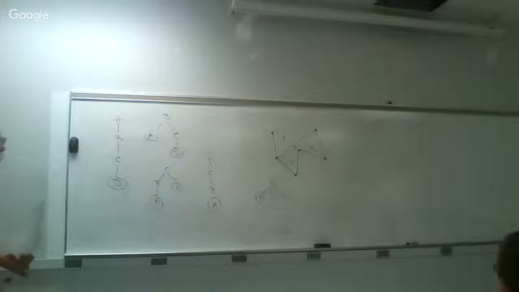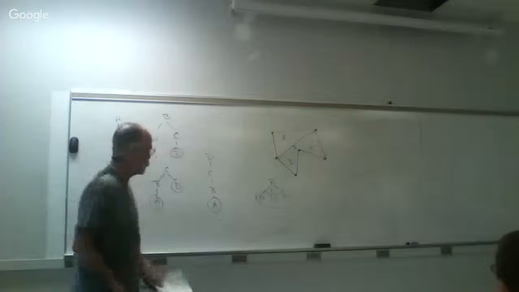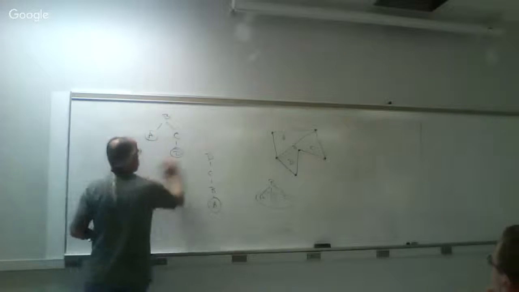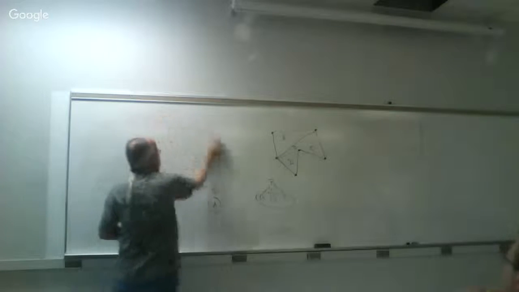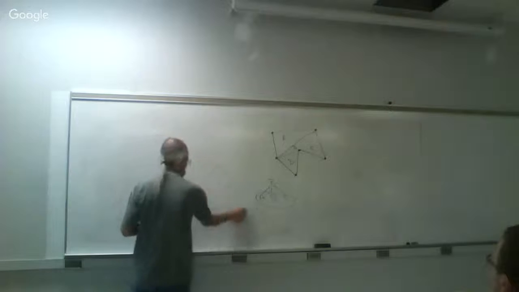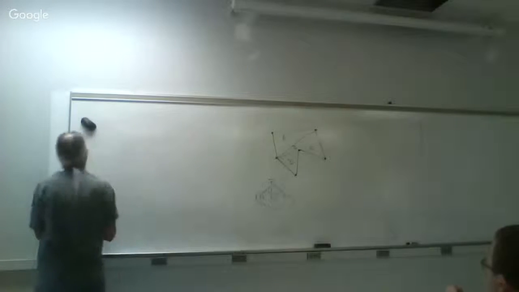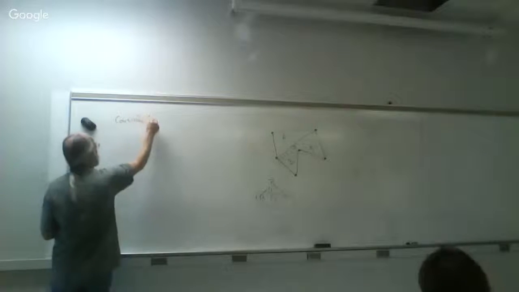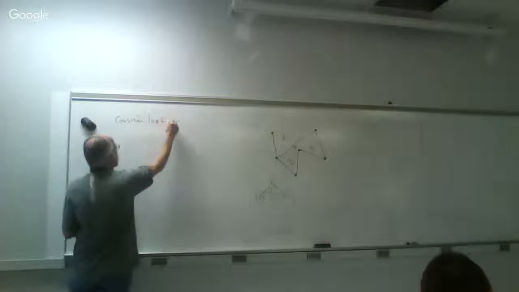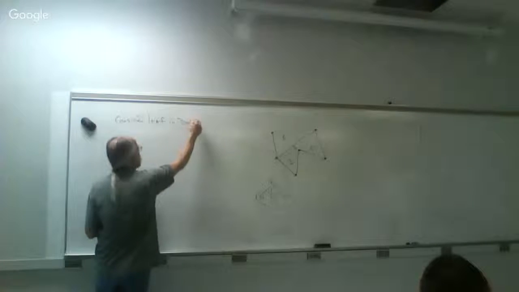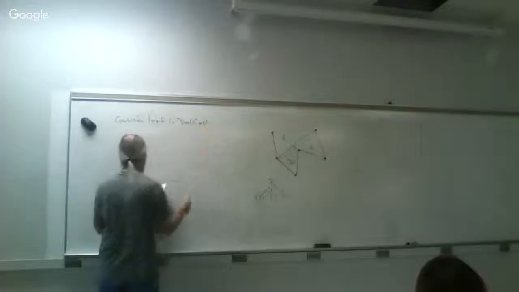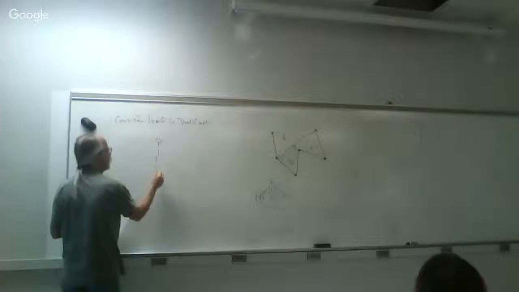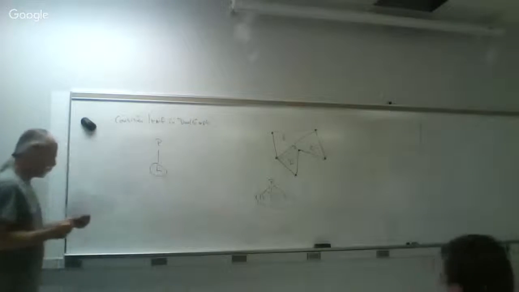If I just think of a dual graph from a triangulated polygon, consider a leaf in a dual graph from a triangulated polygon. Here's the leaf that I care about.